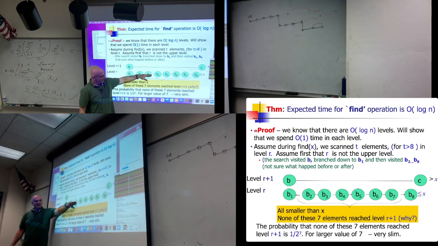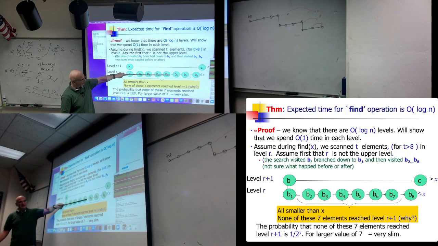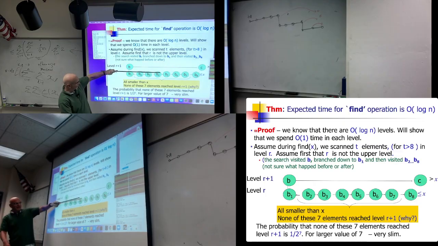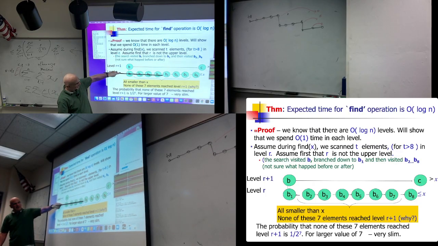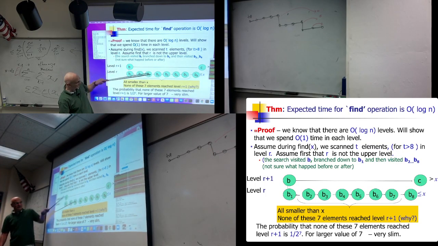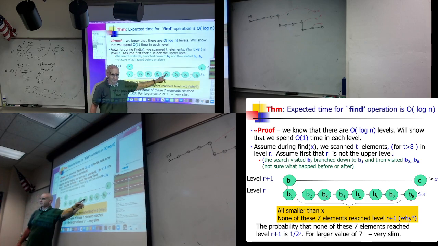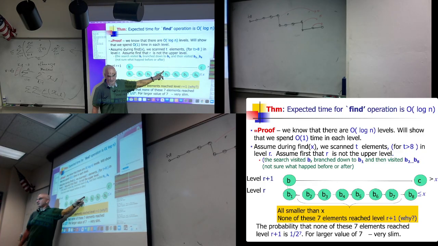Now, is there any chance that any of these elements that made it, it's a nice achievement, they all made it all the way to level r, whatever r is. Any chance that any of them make it also to level r+1?